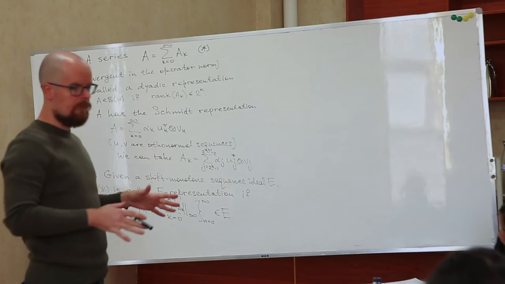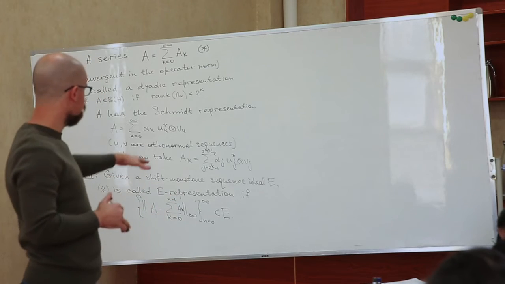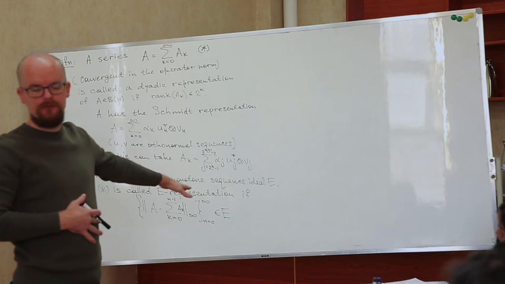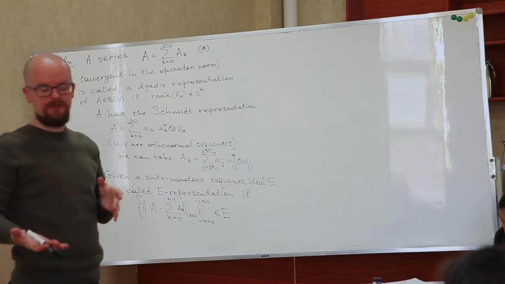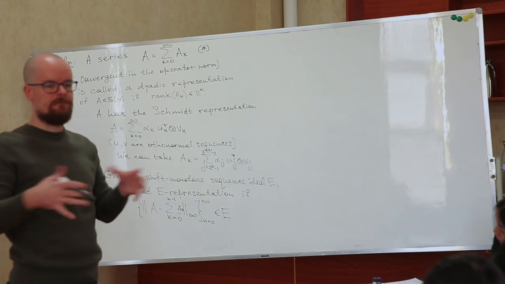So from now on, we will always assume that the straight E, the shift monotone sequence ideal, and the curvy E, the symmetric operator ideal, are associated.